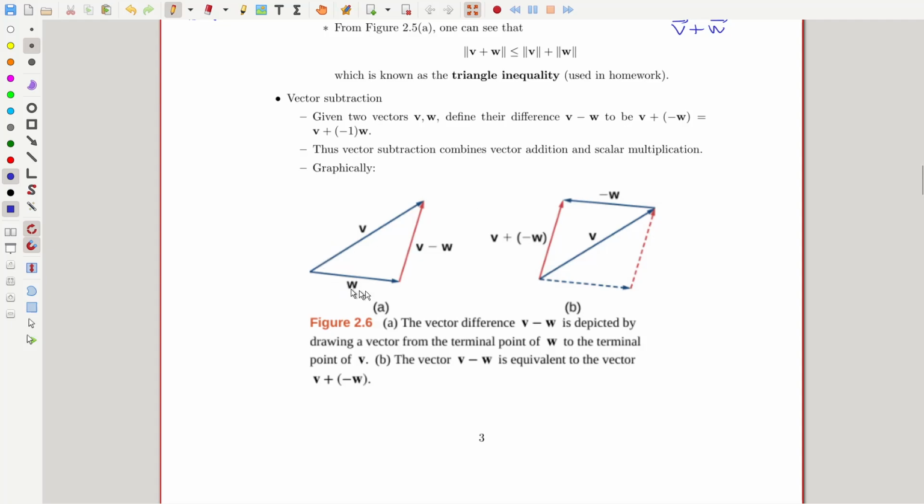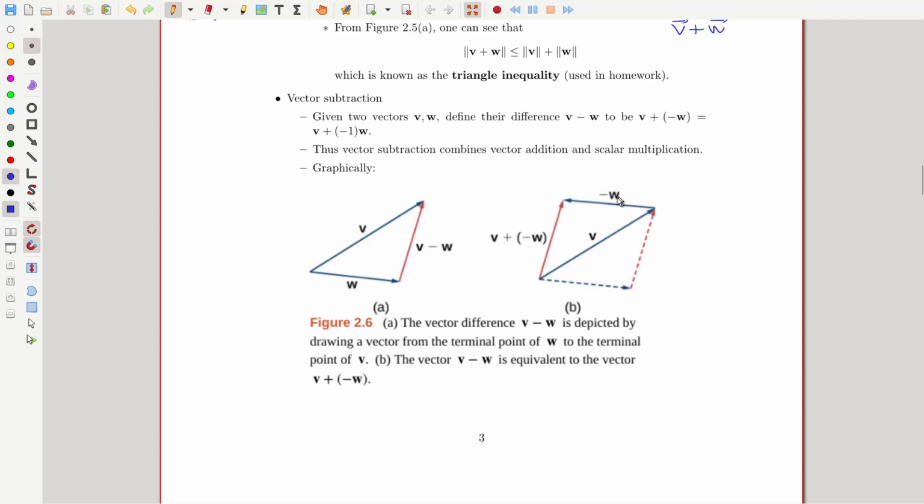Okay, and you can see graphically what this does. If we start with v and w, as depicted here, the way that I think about this figure 2.6 is to compare parts A and B with each other, because what you need to do is negate w and then add it. So it combines these two things in A and B. You can see that w would be this dashed arrow here, and then negative w would be this one up here.